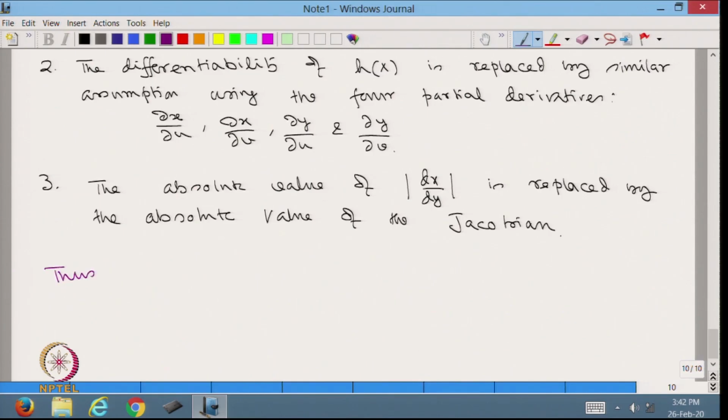Thus, the two theorems are very similar in nature, hence easy to remember.